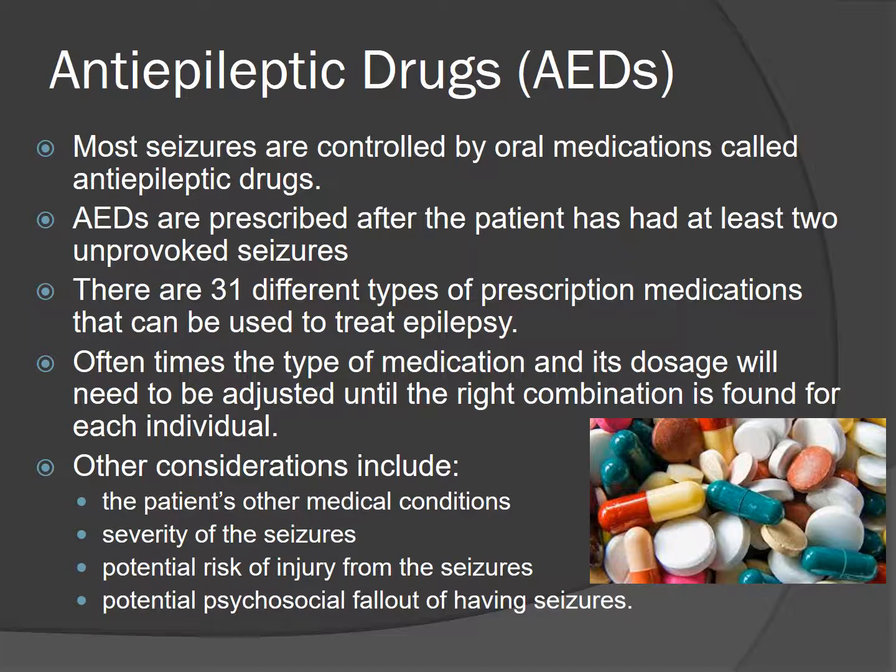There are about 31 different types of prescription medications that can be used to treat epilepsy. And oftentimes there is a trial and error period where the doctor and the patient are working together to find the right combination of prescription dosage for the individual that allows them to manage the side effects of those prescriptions.